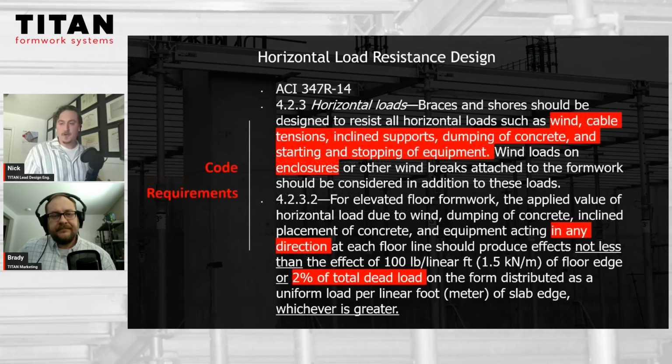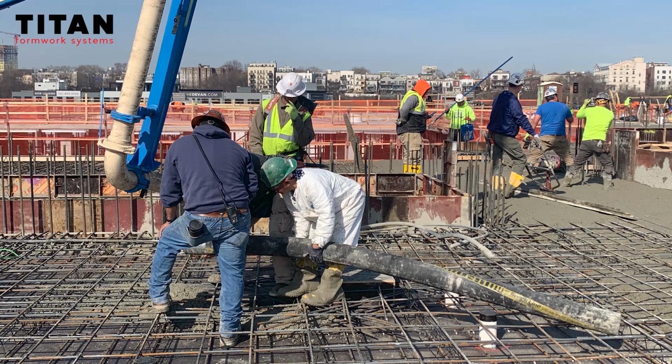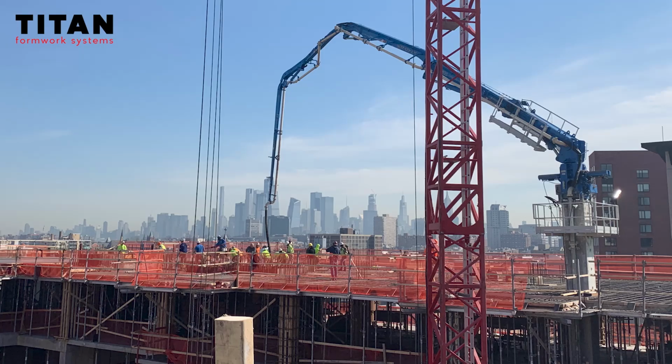So the main code relevant to formwork and shoring design is ACI 347R14. Mentioned in that code are the common ways that horizontal loads are applied to a shoring system, and also the recommended ways in which to support those loads. So the common loads include wind load on the system, cable tensions, sloped surfaces and inclines, the act of dumping or pouring concrete, as well as the forces created from equipment used during the pour.